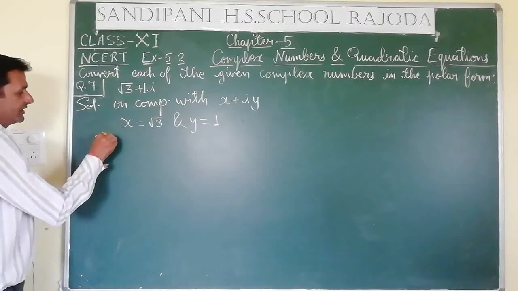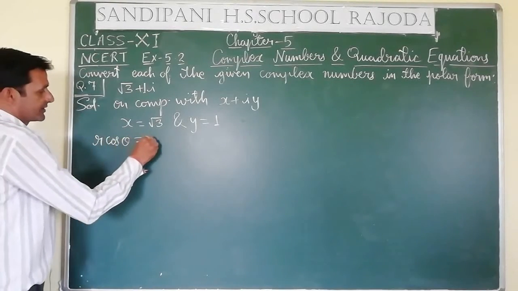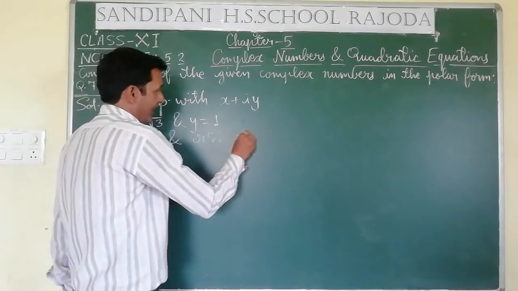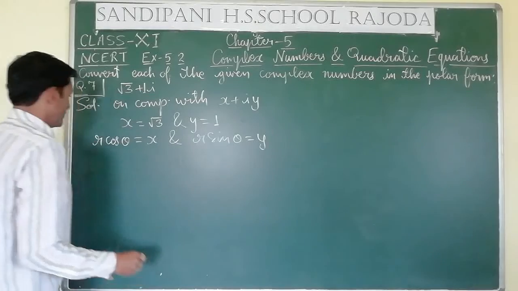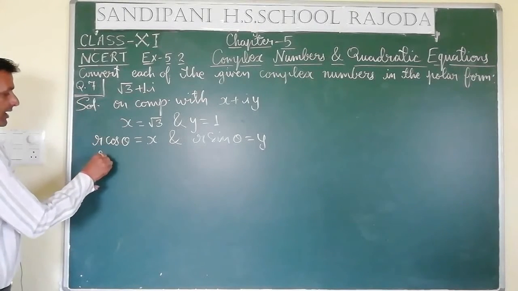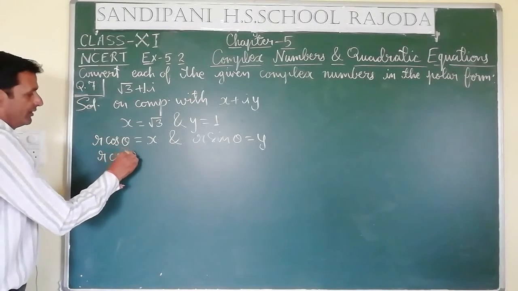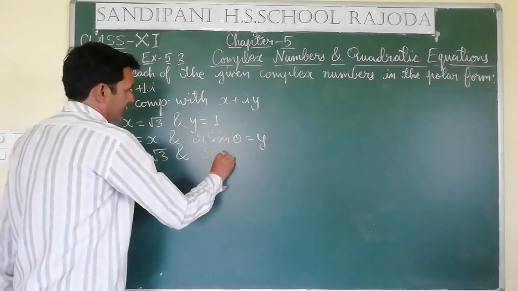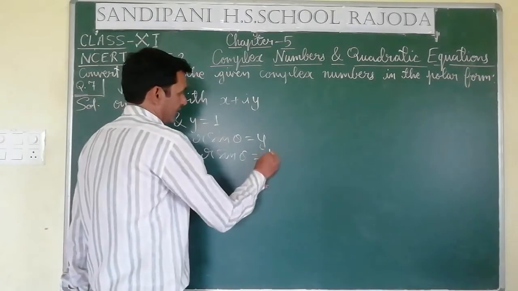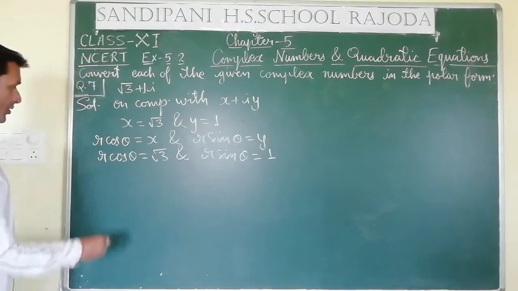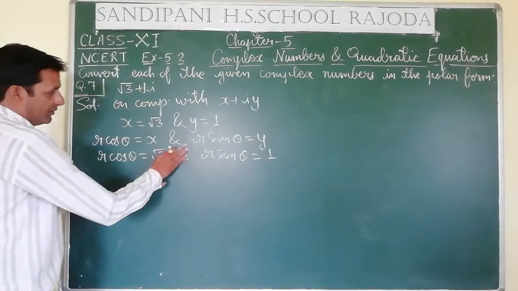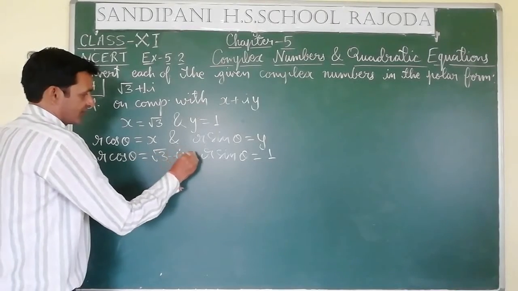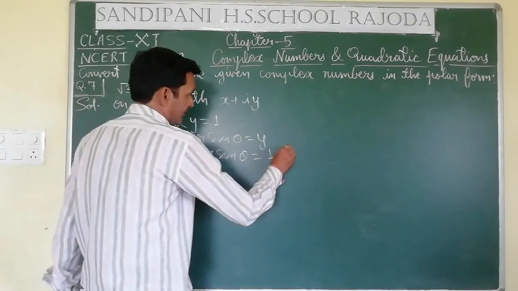So r cos theta is equal to x and r sin theta is equal to y. So r cos theta will be equal to root 3 and r sin theta will be equal to 1. This we have to assign as the first and second equation. So this is the first and this one is the second equation.